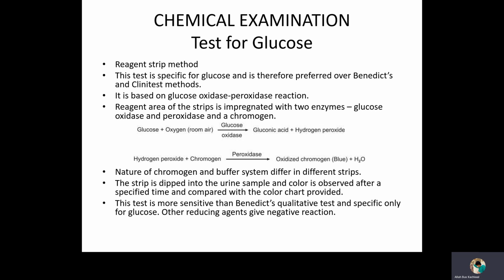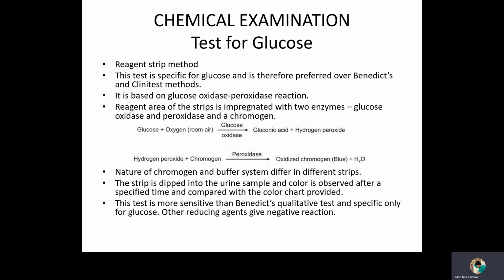This hydrogen peroxide, in the presence of peroxidase, reacts with the chromogen to give the oxidized chromogen plus water. The nature of the chromogen and the buffer system differs in the different strips.